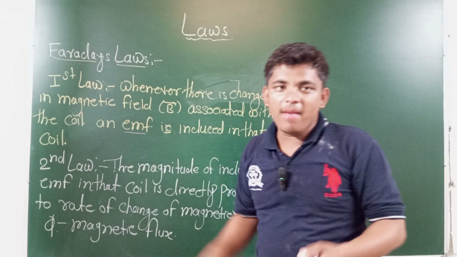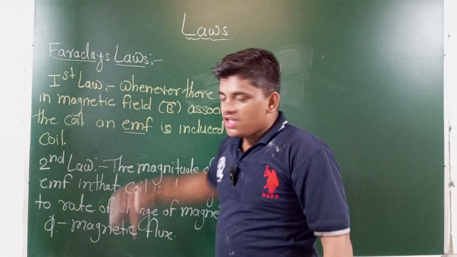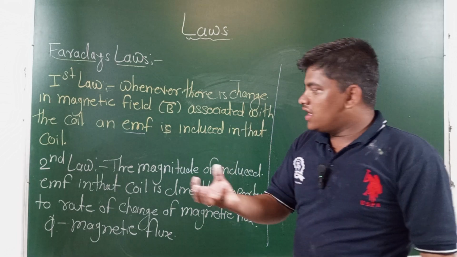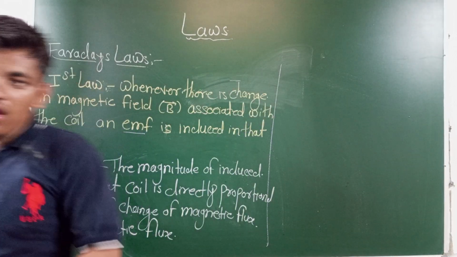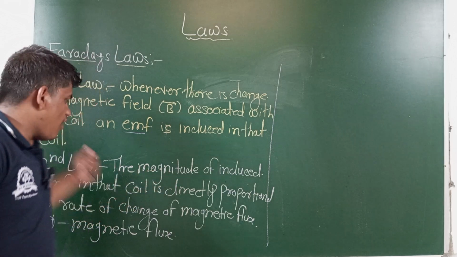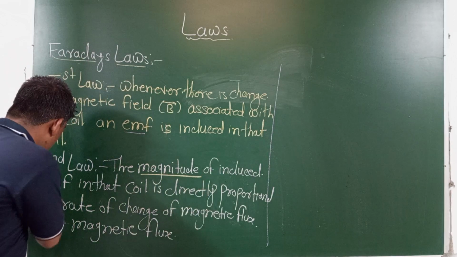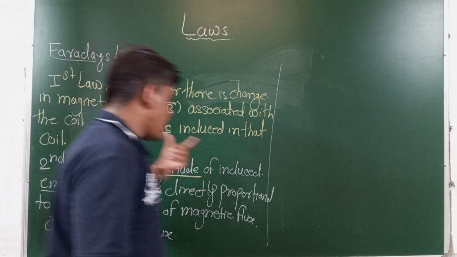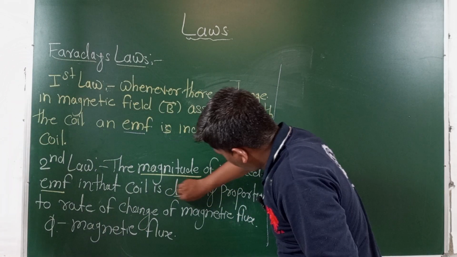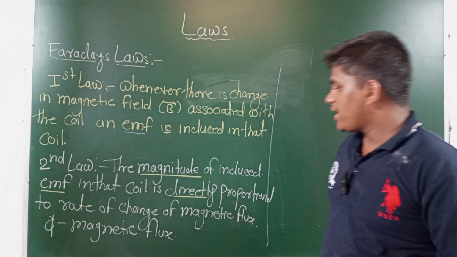The first law says how EMF is produced after the magnetic field changes. The measurement of the produced EMF is given by the second law: the magnitude of induced EMF in that coil is directly proportional to the rate of change of magnetic flux.